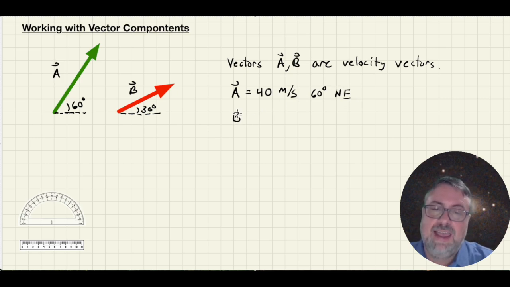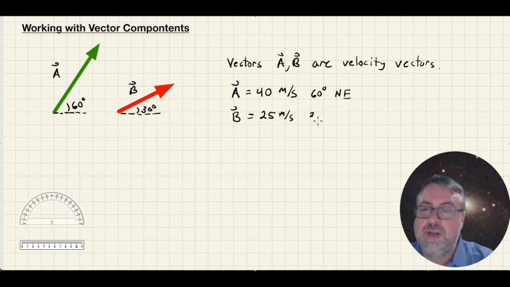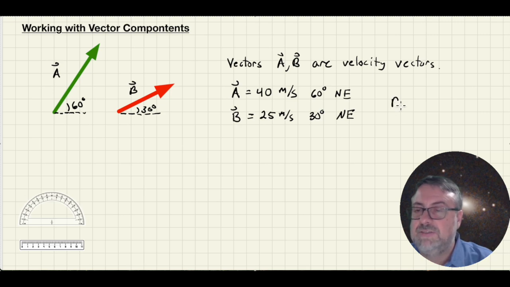And let's say that vector B is equal to, it's not quite half, let's say it is 25 meters per second at 30 degrees northeast. And I want to find the resulting vector of adding these two vectors together.